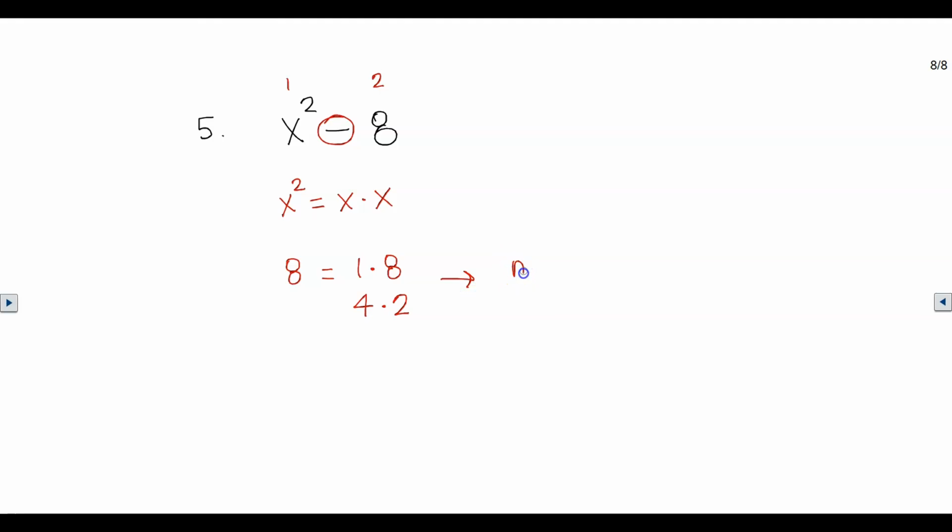So this term is not a perfect square. So what that means is this is not a difference of two squares, and I can't use the pattern on it. So this one would also be prime because it is not a difference of two squares.